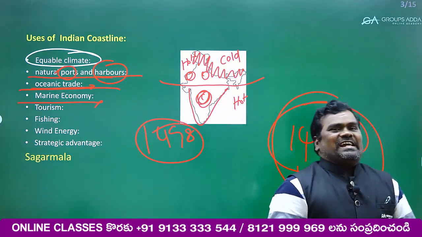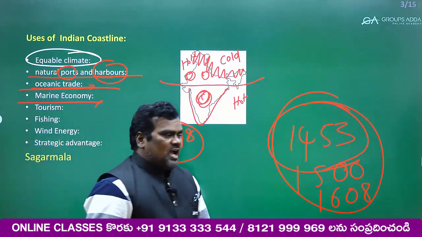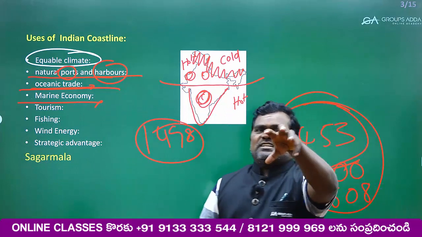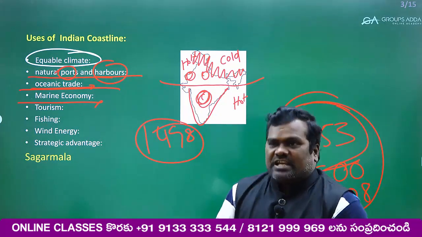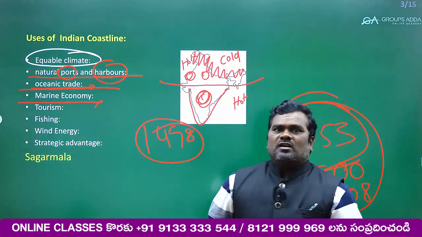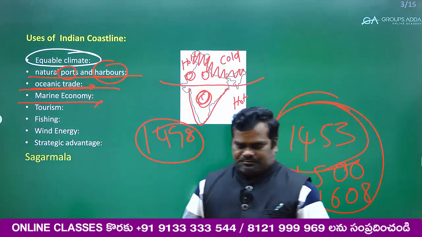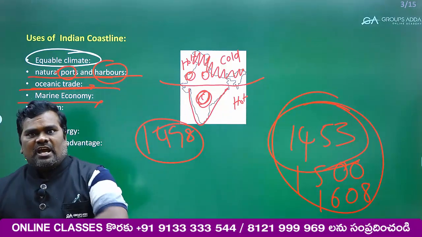We can eat fish. We can sell fish. And also, whatever goods we are producing in our country, whatever vegetables and food material we are producing, they can be exported.